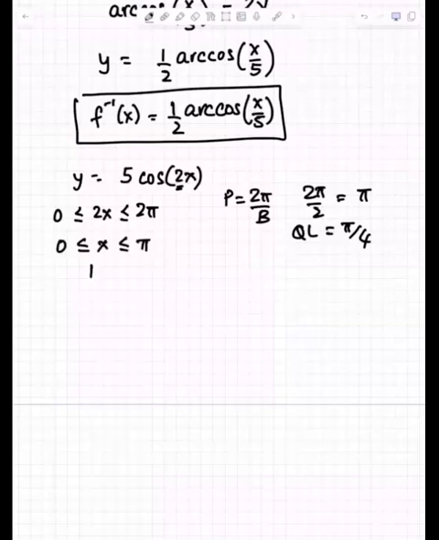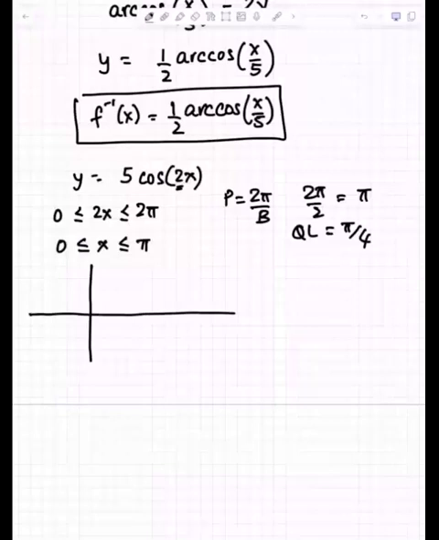There's no horizontal shift, so let's start this one at 0. And we are going pi over 4, pi over 4, and so on, up to pi over 2.